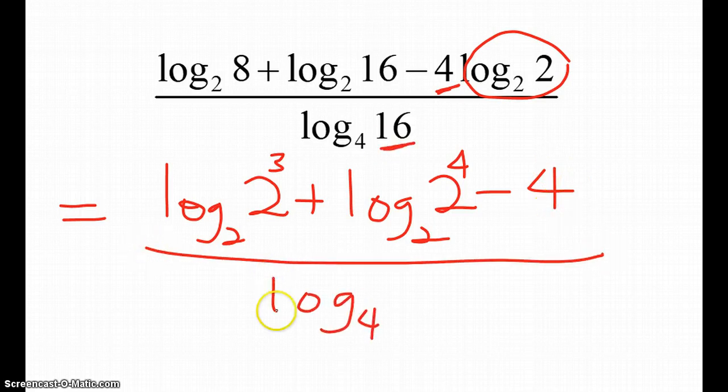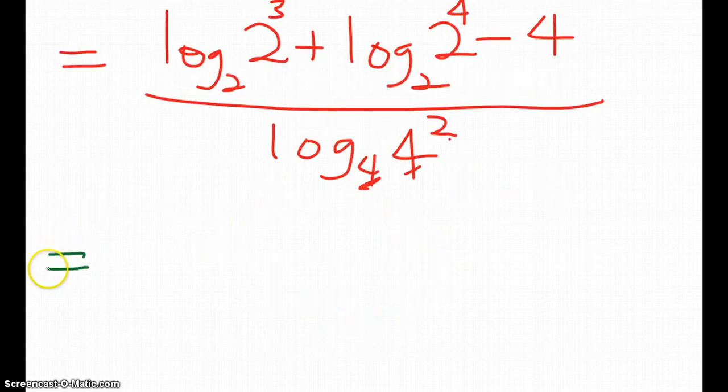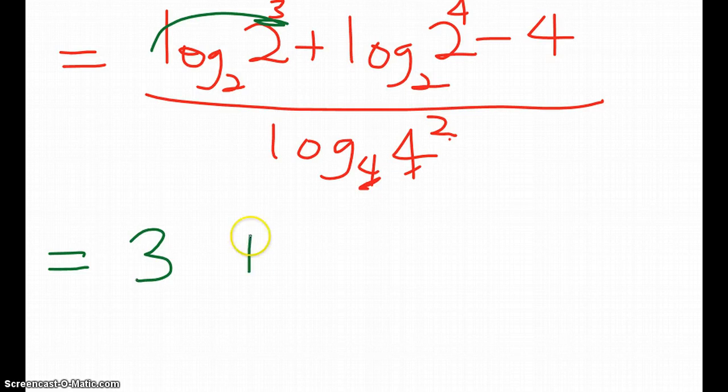I will change the 16. Instead of saying 2 to an exponent, I would rather make it 4 exponent 2. The reason being that the 4 here and the 4 here can give us 1 to make the work very easy. Let this move to be given as 3, and log base 2 of 2 is 1.